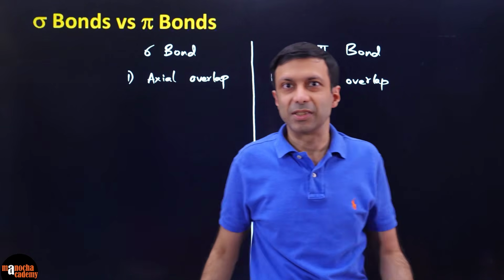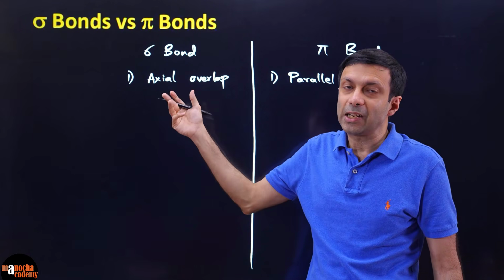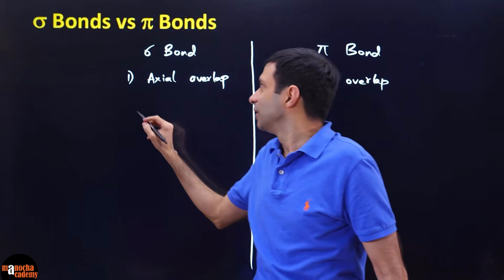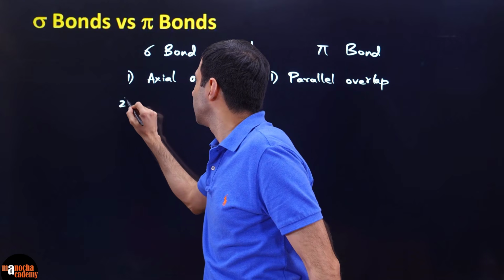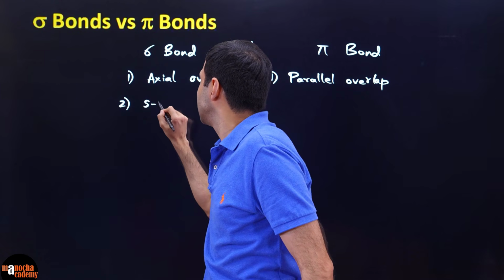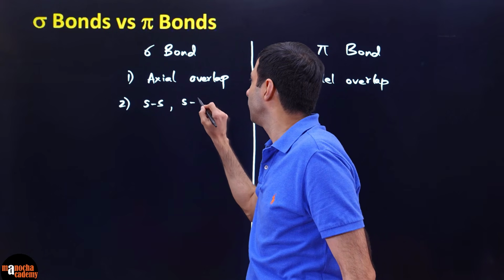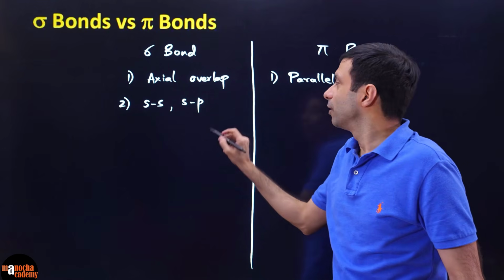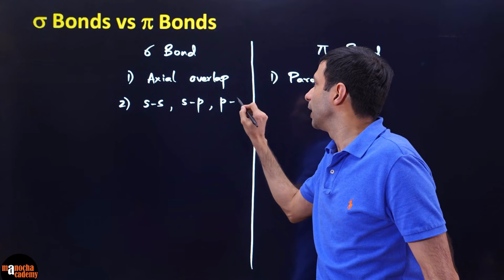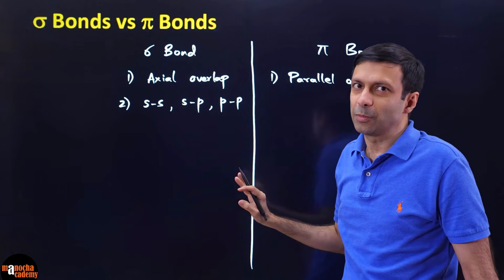Second important difference. Which orbitals form the sigma bond? Do you guys remember? So as we discussed, sigma bond is formed between the s orbitals, ss overlap, or it can be sp overlap, or it can be a pp overlap. Because the s orbital will always form sigma bond.